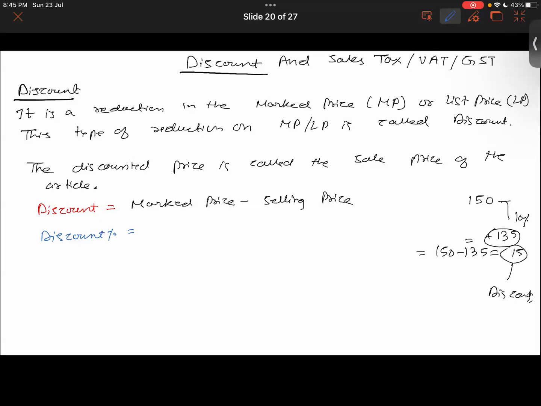So here also you will be calculating discount upon the mark price. हमें discount मिल रहा है. हमें discount किस पे मिला? We got discount on rupees 150 now, not on 135 rupees. 150 here was the mark price. So it's basically discount upon mark price multiplied by 100.